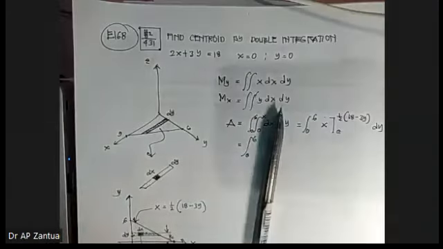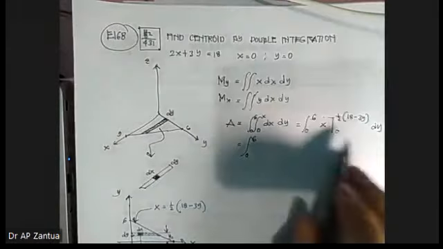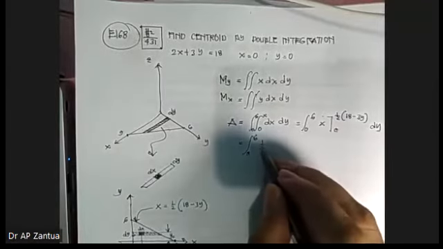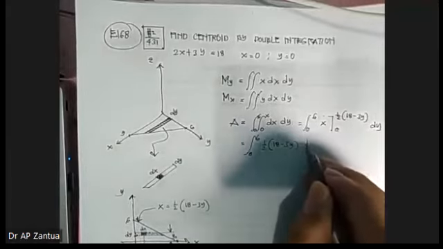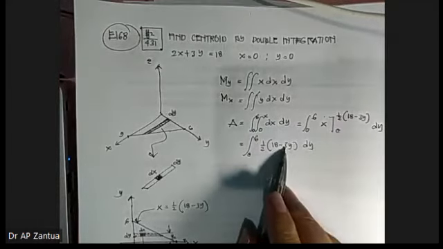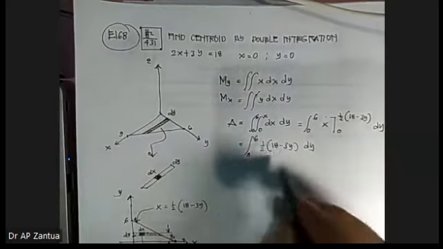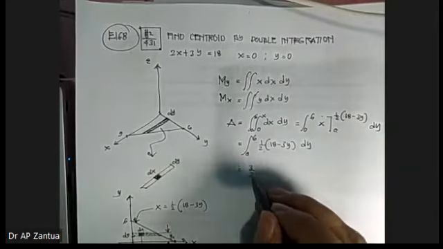Therefore, substitute all of this. So 1/2 (18 minus 3y) dy. So you can factor out 3 and put the 3 outside of the integral.